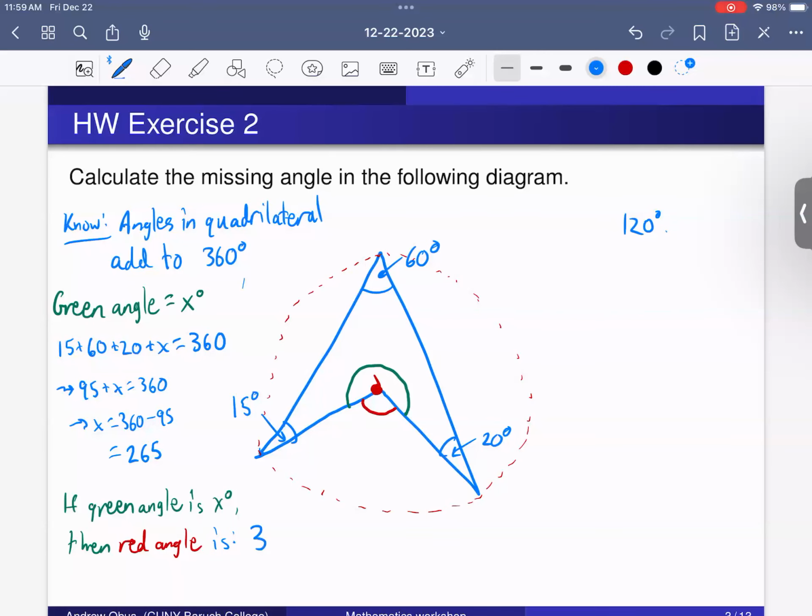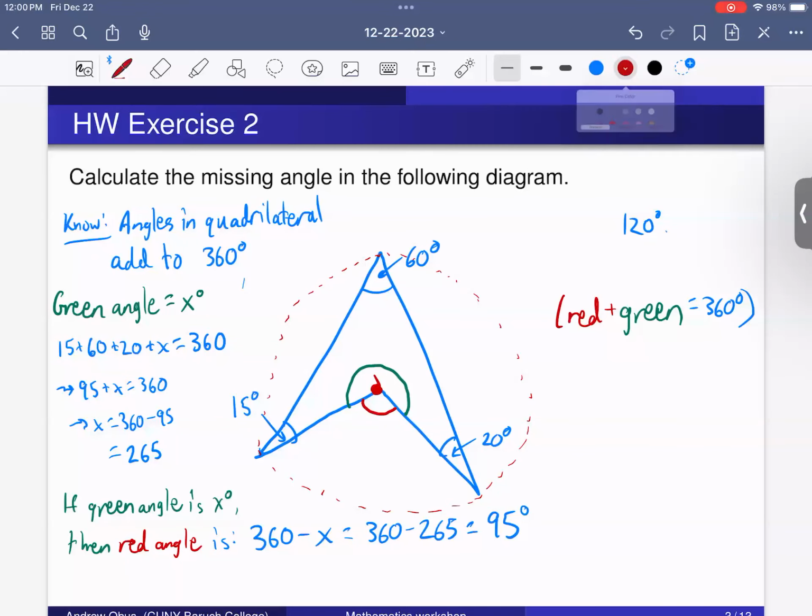So the red angle is going to be 360 minus X, because red plus green equals 360 degrees, since it makes a full cycle. So 360 minus 265 is going to end up being 95 degrees.